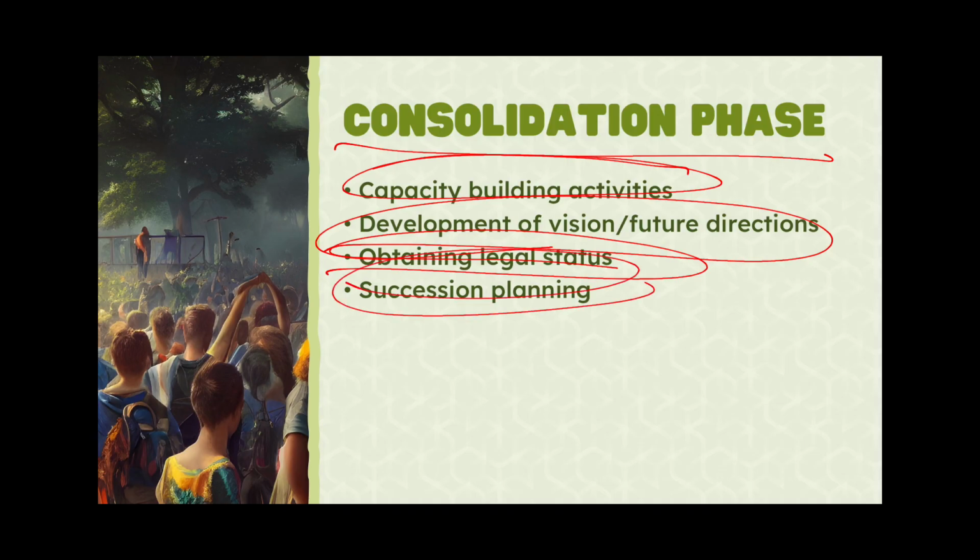Very important, the succession planning, to sustain, because often after 5 years when the organizers leave, the community is crippled, and the programs that were started, that were born out of the organizations, cannot continue. But if you have succession planning, you have capacitation, it's formalized, registered with the SEC, then the programs and the technical support that you provided them during the time that you were there as community organizer, they can sustain. Part of the capacity building is also how do they access funds?